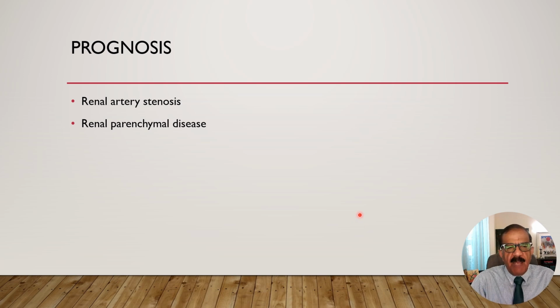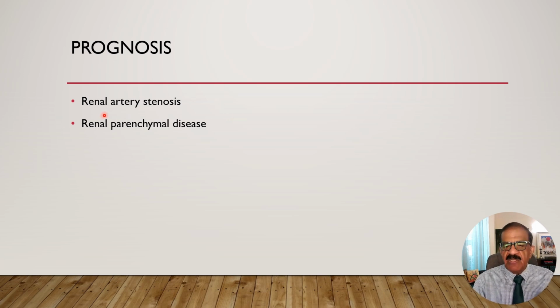Prognosis of renal hypertension is perhaps worse than essential hypertension because you already have kidney disease, and one of the main problems we expect with uncontrolled hypertension is kidney damage. So if the kidney is already diseased and is the cause of hypertension, then prognosis would be relatively poor as compared to those patients who have simple essential hypertension.